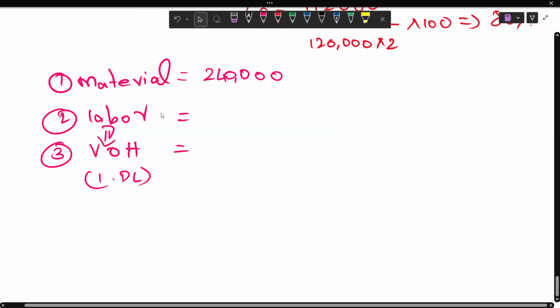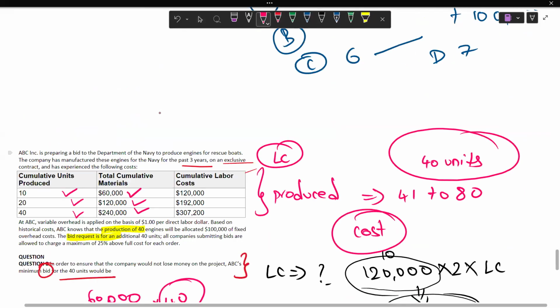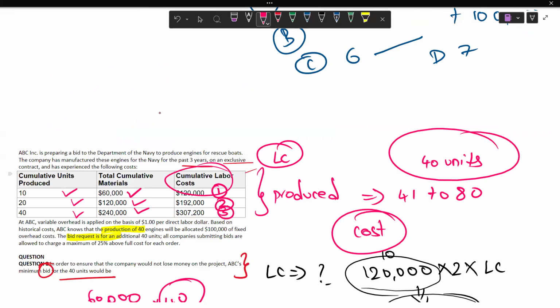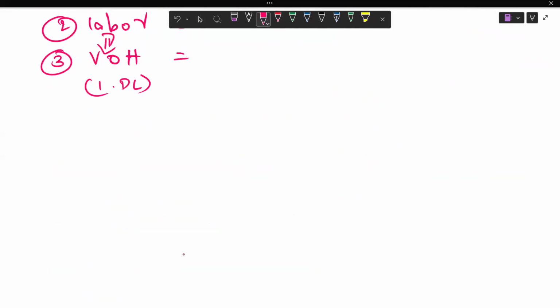So we need to find the labor cost, and for that we need a couple of pieces of information. One is $120,000, next $192,000, and the third, the cumulative labor figures that I need. Let me take the 40 units. For 40 units, you need 307,200. So for 80 units, what's the value?